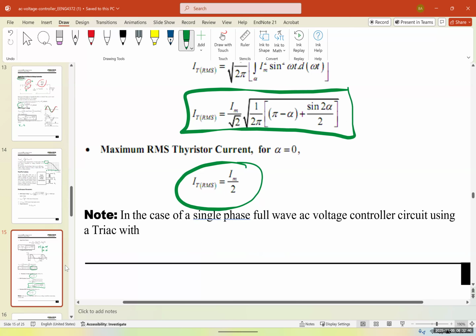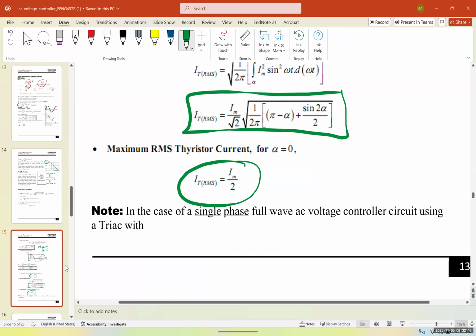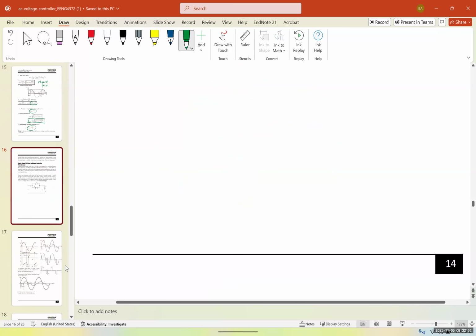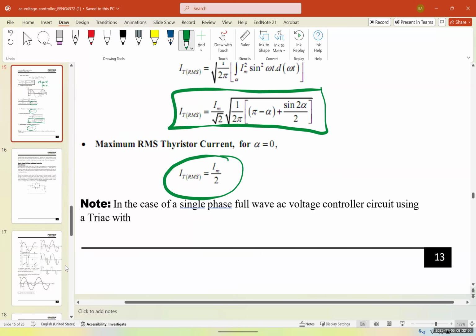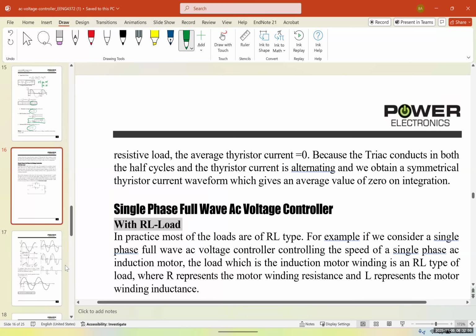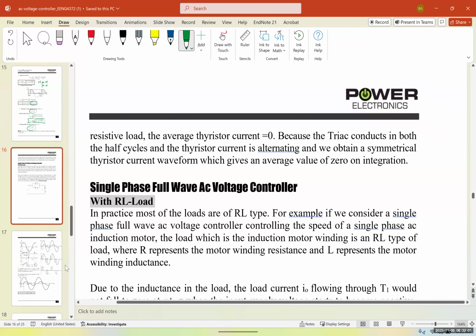Now, note that in the case of a single phase full wave AC voltage controller circuit using a triac with resistive load, the average thyristor current should be equal to 0 because the triac conducts in both the half cycles and the thyristor current is alternating, and we obtain a symmetrical thyristor current waveform, which gives an average value of 0 on integration.